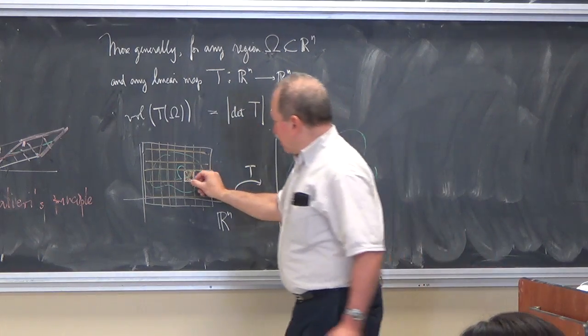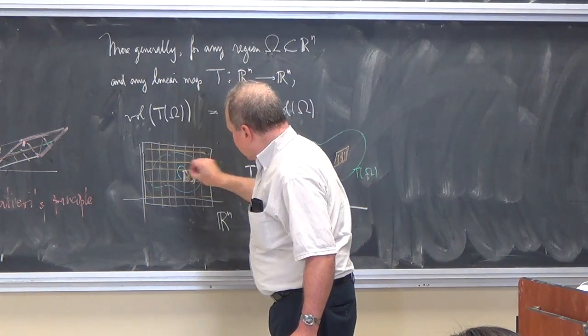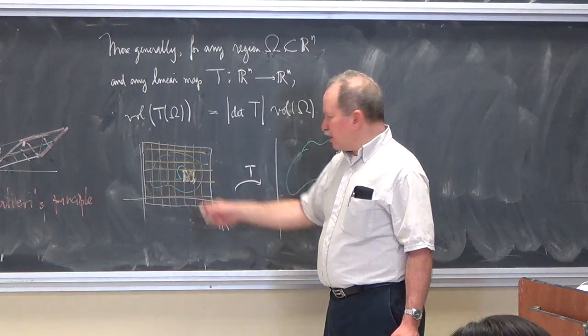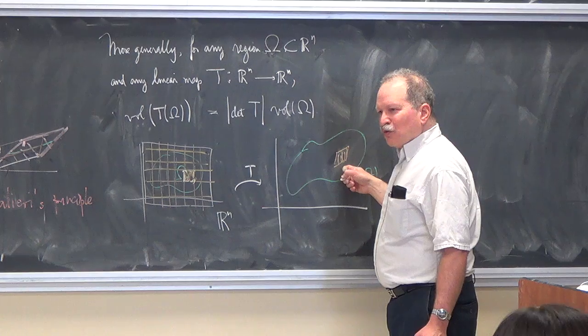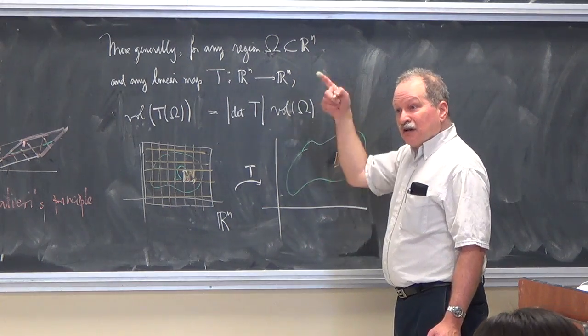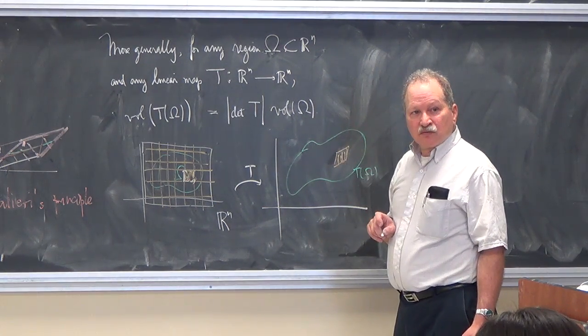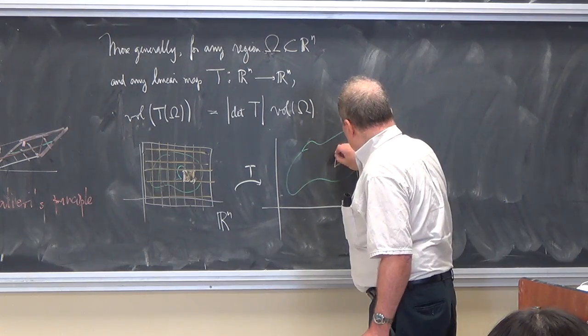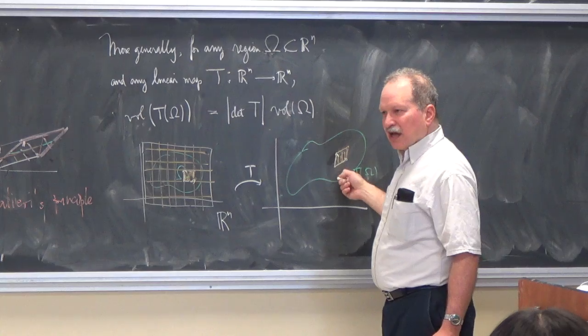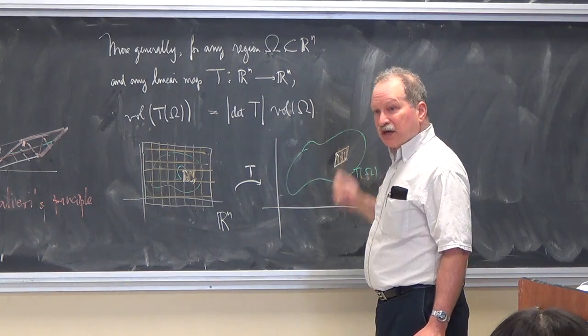Because if you imagine taking standard basis vectors here that point in the direction of the sides of the rectangle, and you apply T to them, what you get is the columns being the images of those vectors. And I've already said that you should get the signed volume when you do the determinant of that matrix.